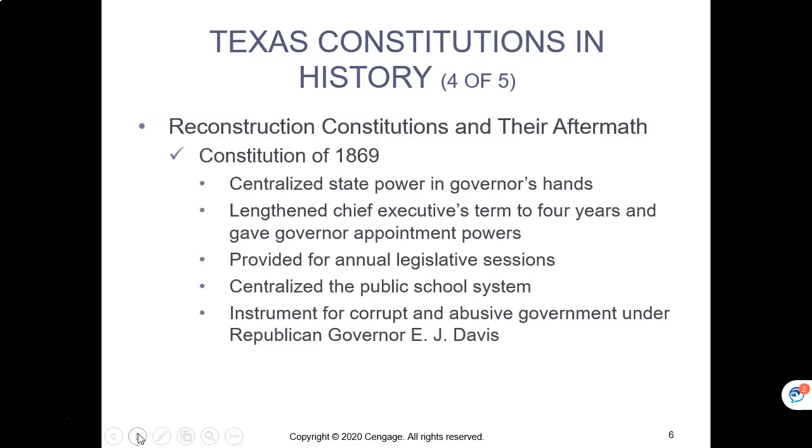We'll take the military out. So some backroom deals were made. Edmund Davis became the president of the United States, and he kept his word. So they pulled the military out.